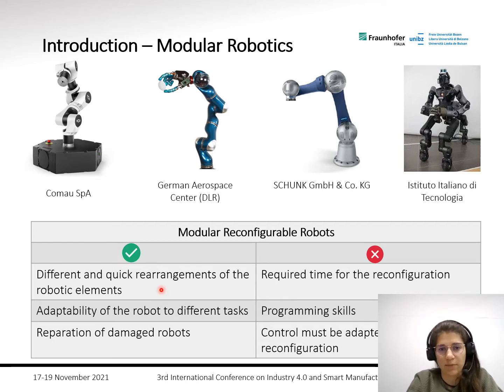And some damaged robots can also be repaired by adopting modular robotics. Then, as main disadvantages, each time the robot is reassembled, we need time for its reconfiguration, but also programming skills are necessary, and the control obviously must be adapted.